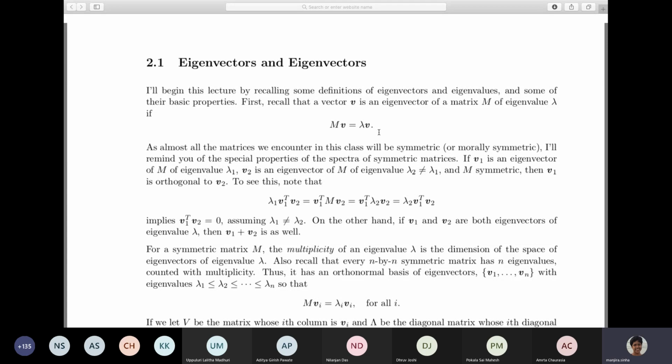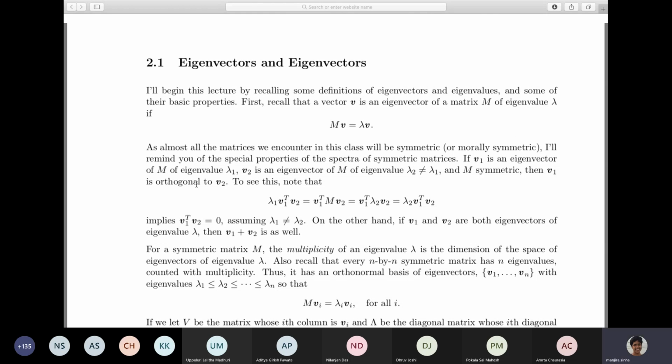How to find the eigenvector and eigenvalue is yet another thing, but this is the definition of an eigenvector and an eigenvalue of a matrix. Generally there is more than one eigenvector and eigenvalue of a matrix. As I said, we will deal with symmetric n cross n matrices. For a graph with n nodes, all the matrices will be n cross n, right?